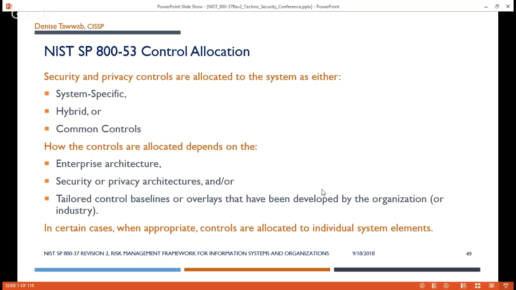How the controls are allocated will depend on the enterprise architecture, security or privacy architectures, and or tailored control baselines or overlays that have been developed by the organization or industry. And this is covered in my presentation on 853. Again, we're just quickly moving through this. In certain cases, when appropriate, controls are allocated to individual system elements.